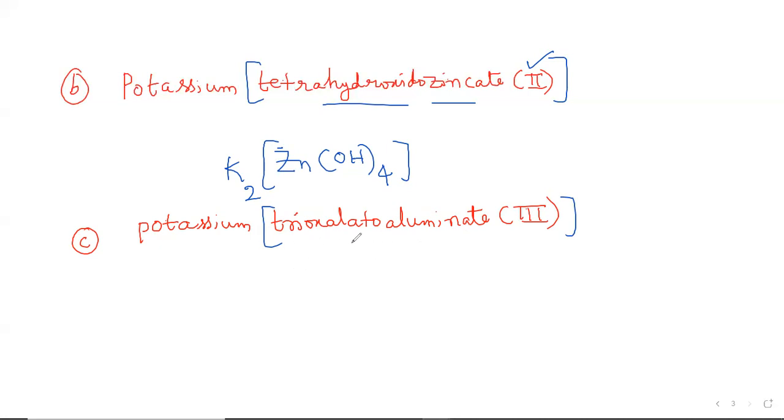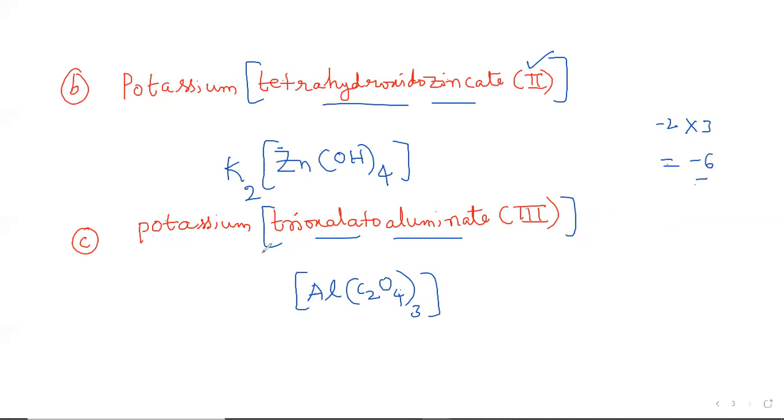From trioxalato aluminate, we can understand that aluminum is the central atom in this complex. Around it, oxalate, that is C2O4, 3 are there. Oxalate is in the -2 oxidation state, so 3 of them give -6.